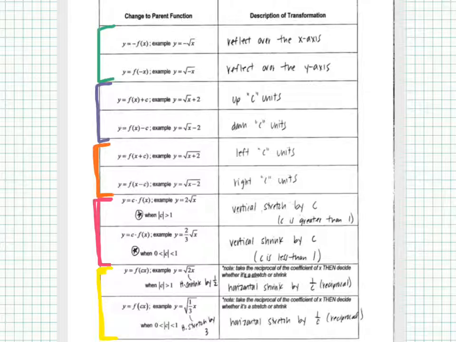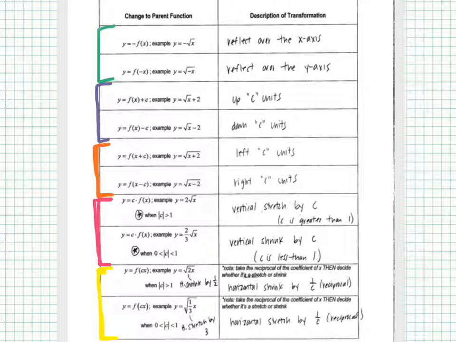The trick I like to think of is take that number that's inside and right in front of x, take the reciprocal first, so flip it, and then it's going to follow the exact same rules as the vertical stretching and shrinking. So that 2, when you take the reciprocal, would be 1/2, so that would be a horizontal shrink by a half. So imagine someone on the outside taking that graph, pushing it in to half its original width, so that would be a horizontal shrink. So essentially any number that's greater than 1, if you take its reciprocal, will give you a horizontal shrink.